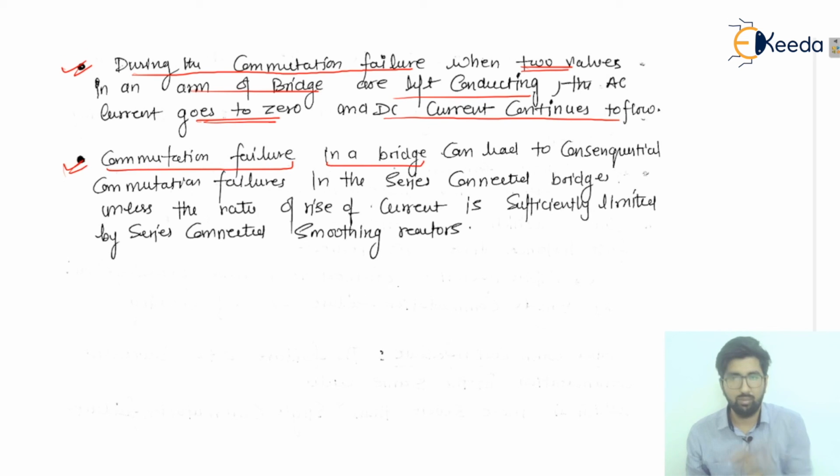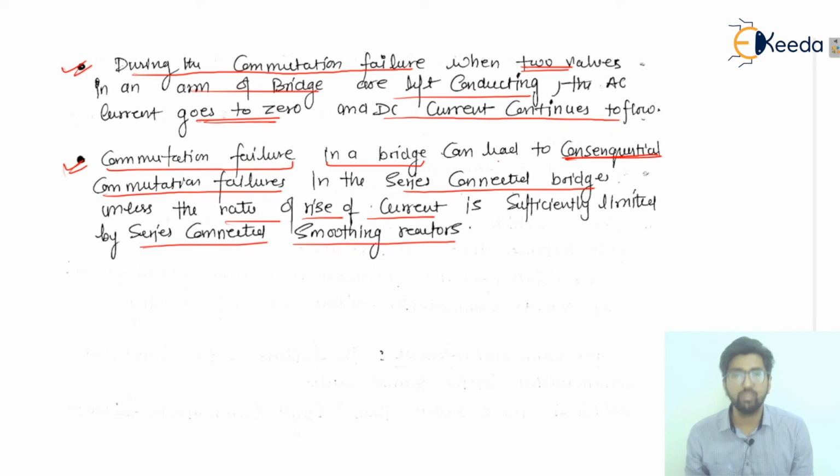A bridge affected by commutation failure can lead to consequential commutation failure in the series connected bridges, unless the rate of rise of current is sufficiently limited by the series connected smoothing reactor.